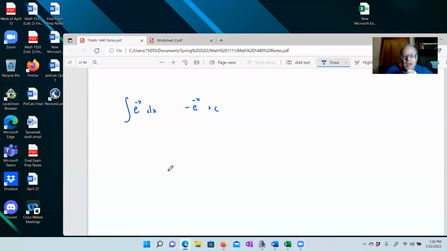Okay. So you get e to the negative x, integrate. Okay, we get negative e to the negative x. So by analytic, I mean that you're given a formula to start with. You can integrate that and you're going to get a nice formula for a value, and you're just going to plug things in.